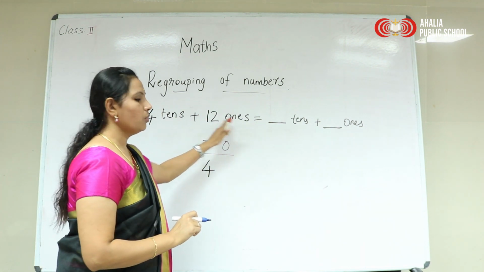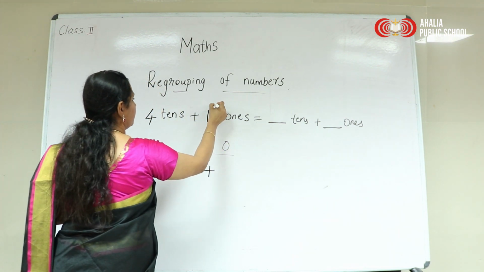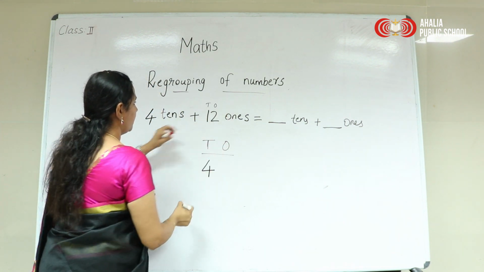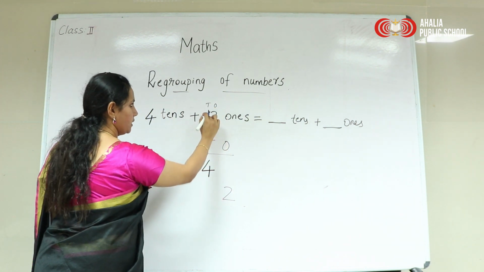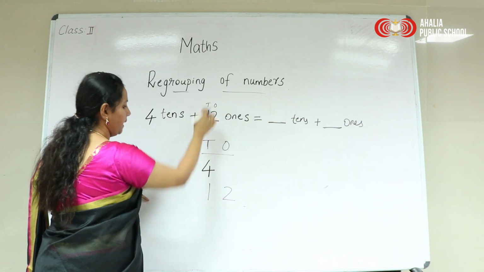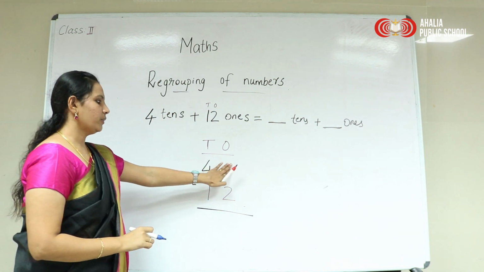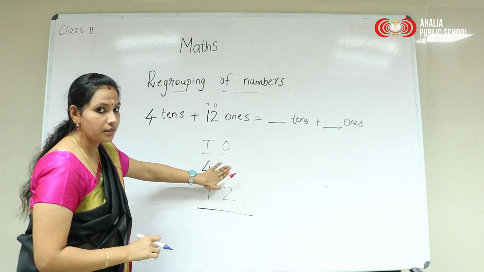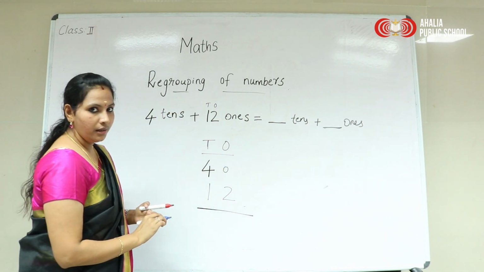Next, 12 ones. 12 is a two digit number. In ones place you have to put 2 and in tens place 1. Here, what we have to assume, consider this place as a 0.